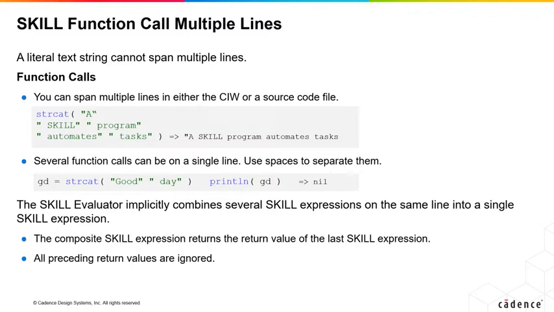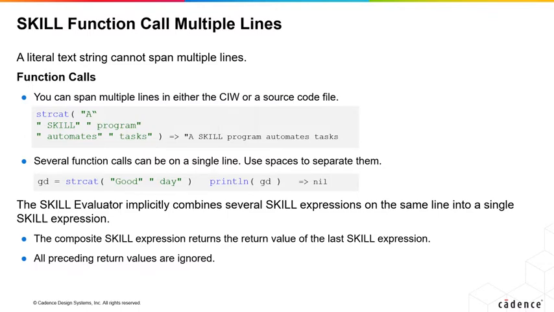So a Skill program or function call can span multiple lines. The limitation here is that a literal text string cannot span multiple lines. Here are some examples of function calls. In the first one, we are spanning multiple lines in either the CIW or a source code file with the strcat command.